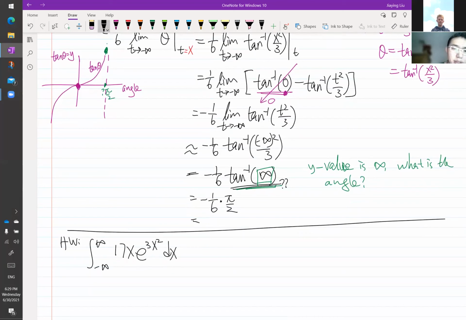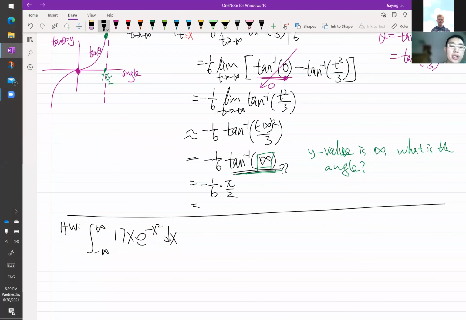To the negative x squared. Okay. It doesn't matter if it's a negative 3x squared or negative x squared, right? It's a constant that wouldn't make a difference. But for now, let's just take this example.